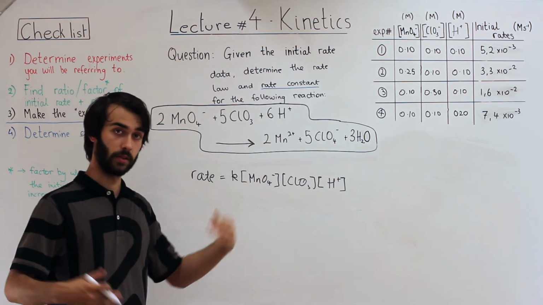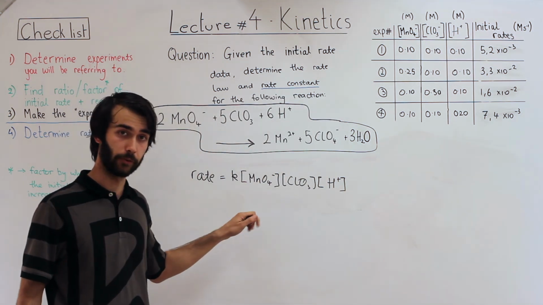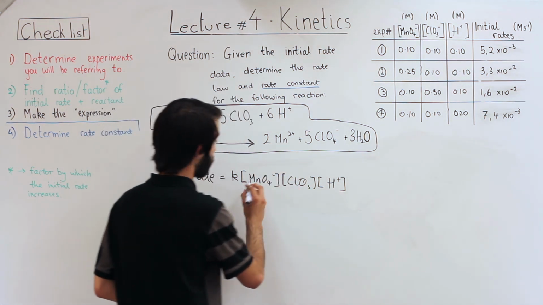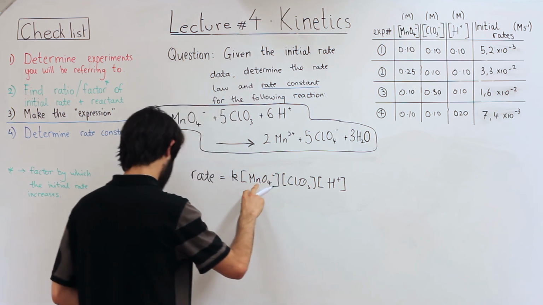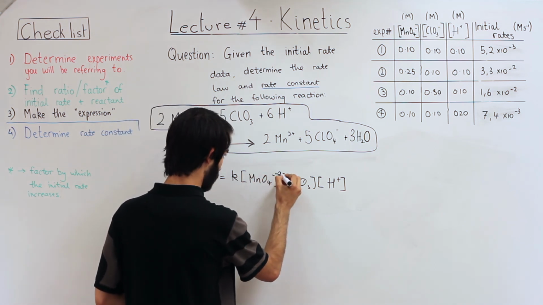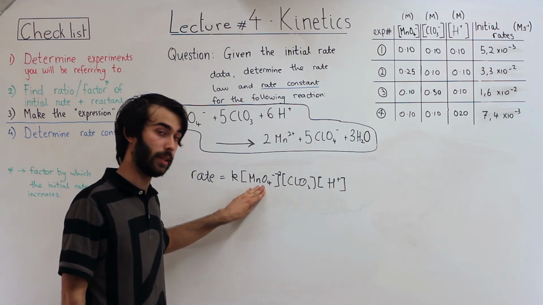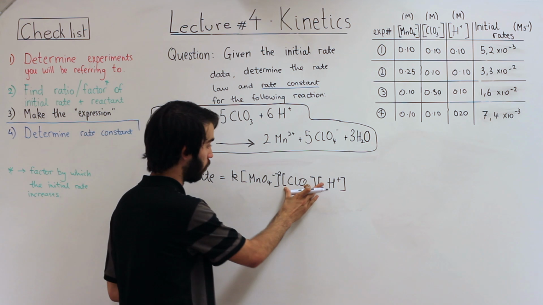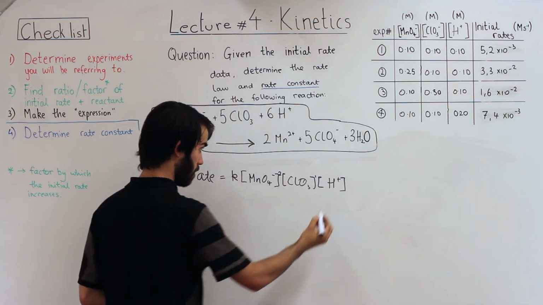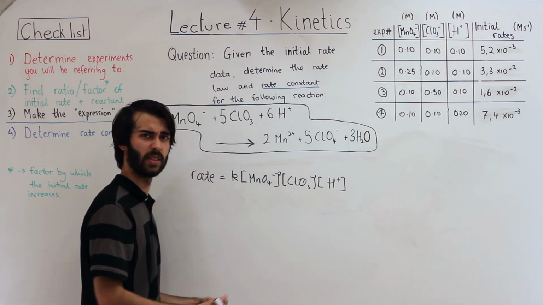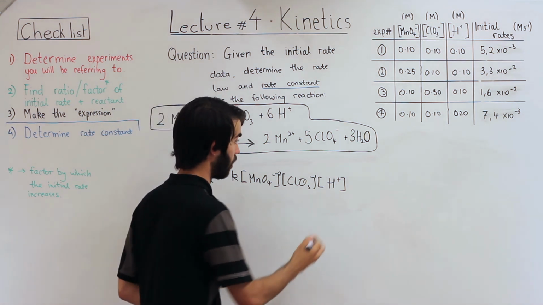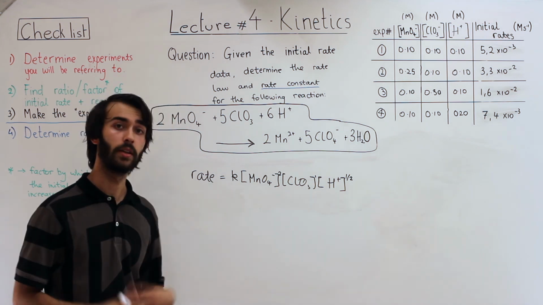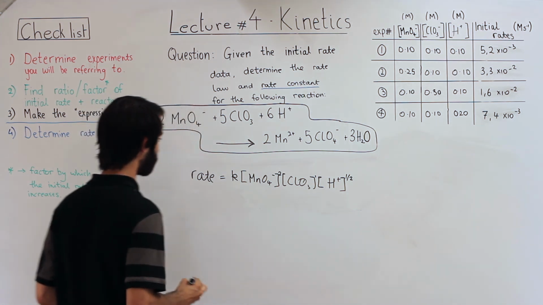And now, as we had done previously, we insert the order for each reactant. So with the order of permanganate being 2, we'll insert a 2 here, raising the concentration to the power of 2. As you remember for chloride, we found that to be order 1, I'll put it in there anyway. And then the H+ was the odd exception with a half power. There's nothing to worry about, you can simply put it in there, and as you'll see, the equation will work itself out either way.